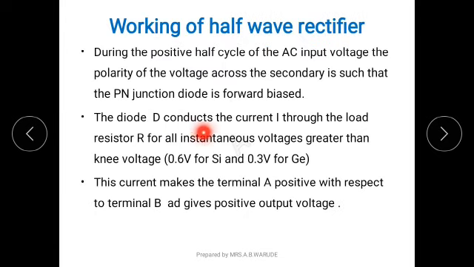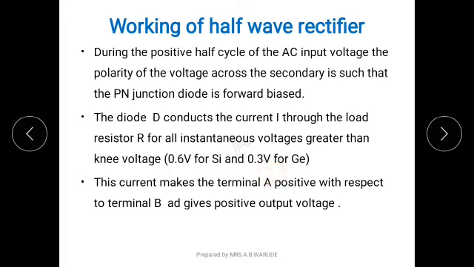The diode D conducts the current through the load resistor R for all instantaneous voltages greater than the knee voltage, and we know that the knee voltage for silicon is 0.6 volt and for germanium its value is 0.3 volt.